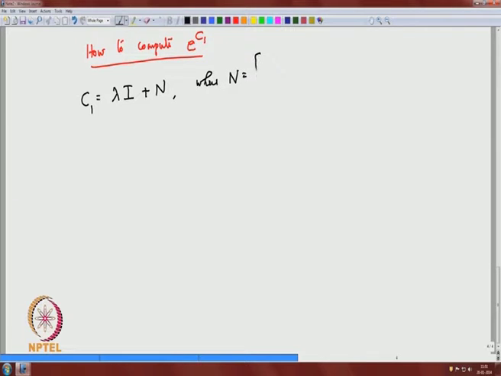N takes the form with diagonal entries 0 and 1, 1, etc., 1.